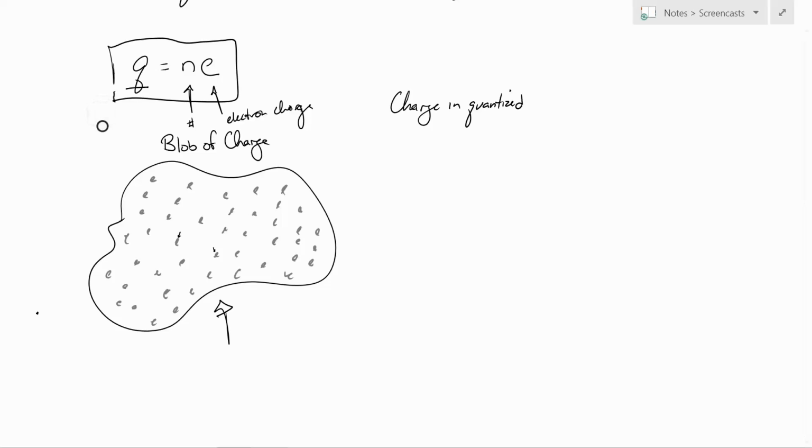So if I have some charge Q, say Q is 24 coulombs, then I can say that charge is made up of some number of electrons. How many electrons? Well, it's Q, the total charge, divided by e, the charge per electron.